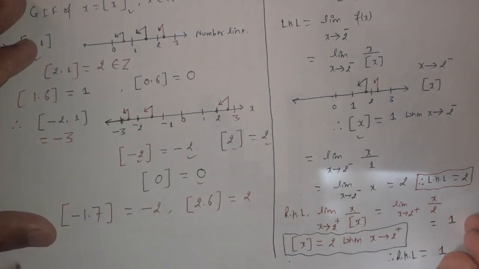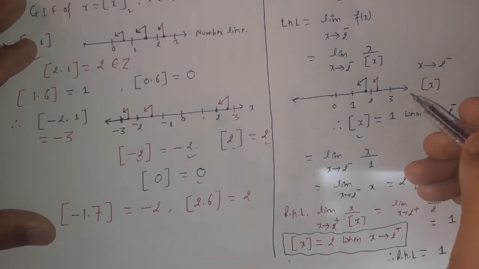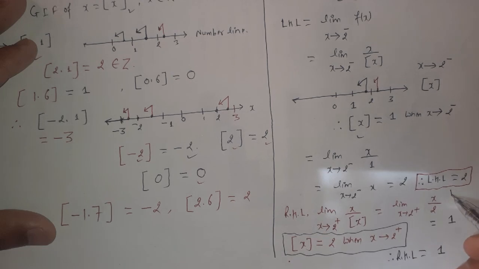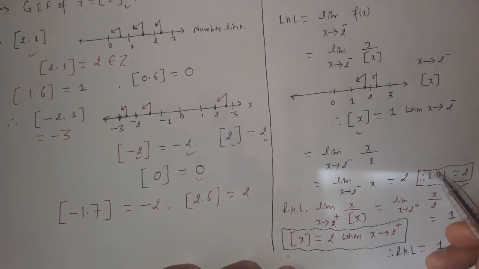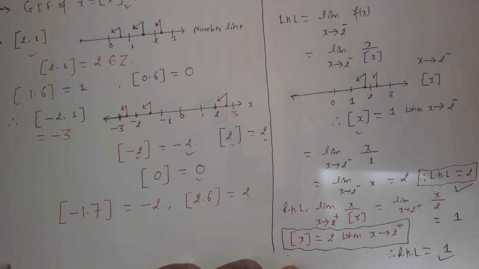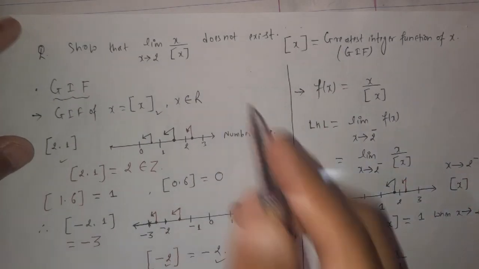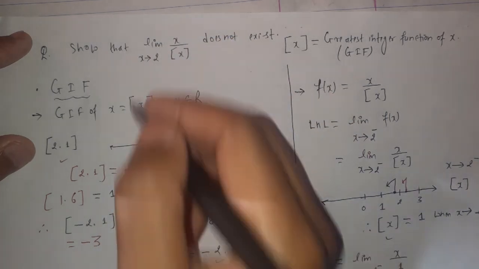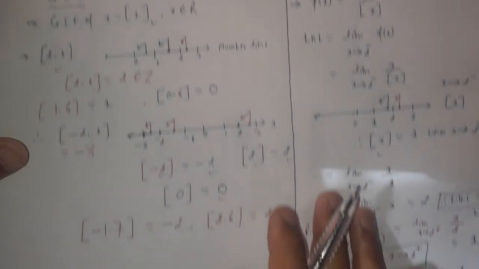We calculated both the left-hand limit and the right-hand limit of the given function, and we observe that the left-hand limit is 2, but the right-hand limit is 1. The left-hand limit is not equal to the right-hand limit, so the limit of the given function as x approaches 2 does not exist.